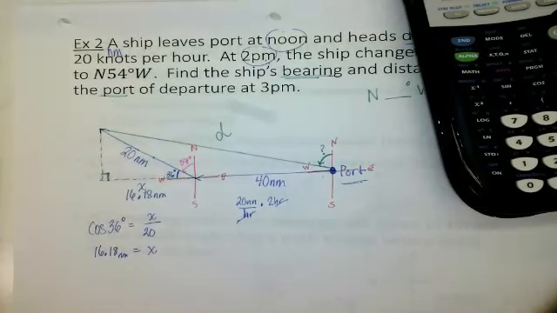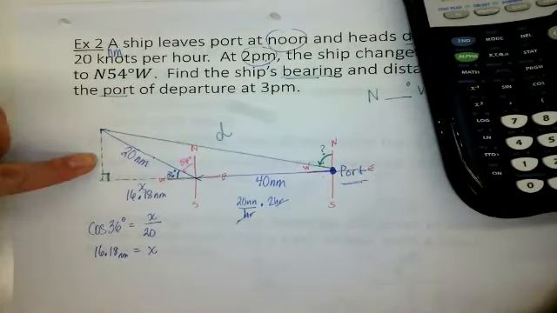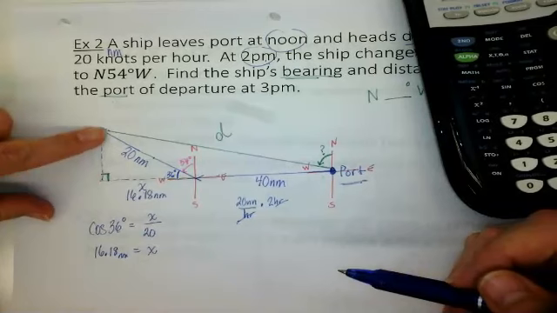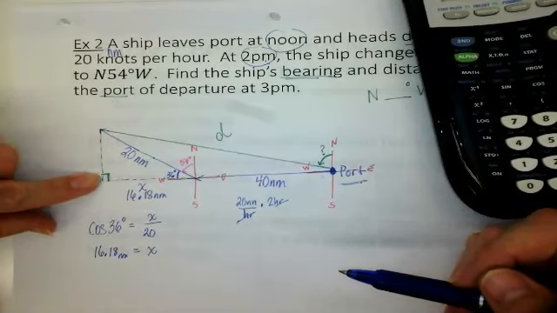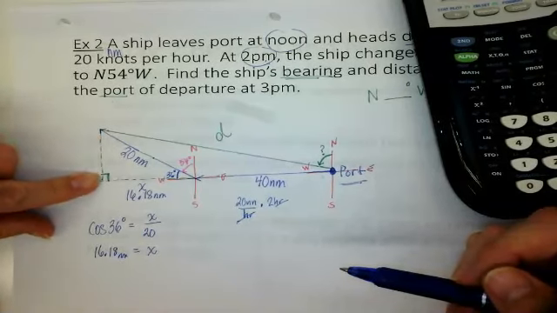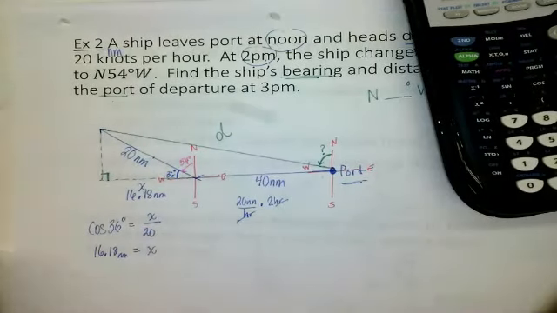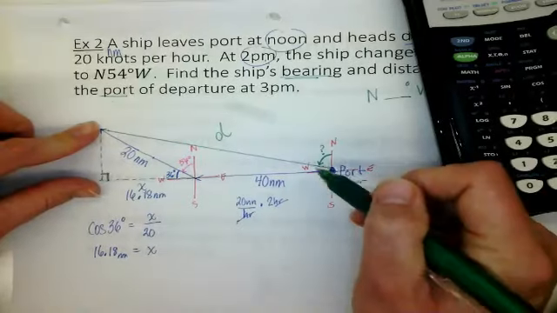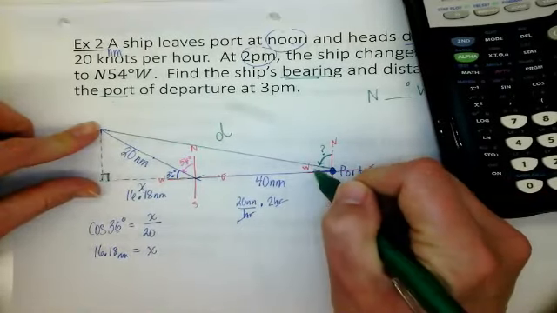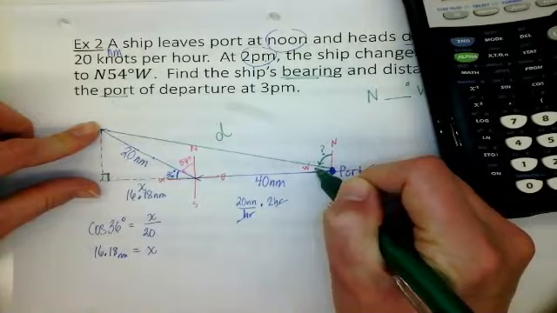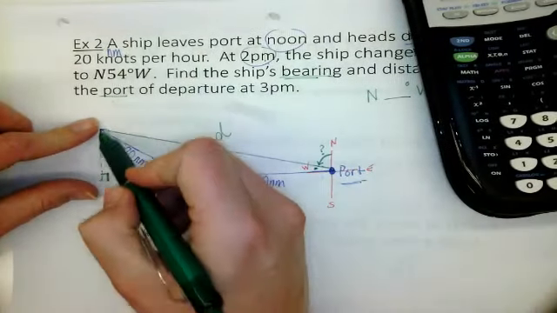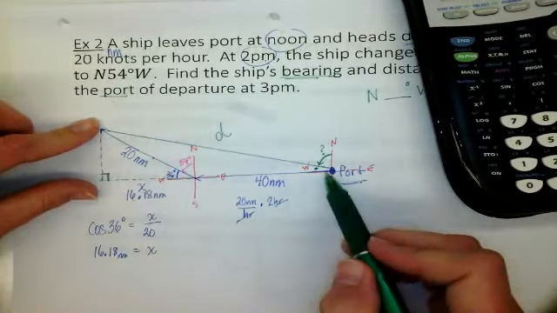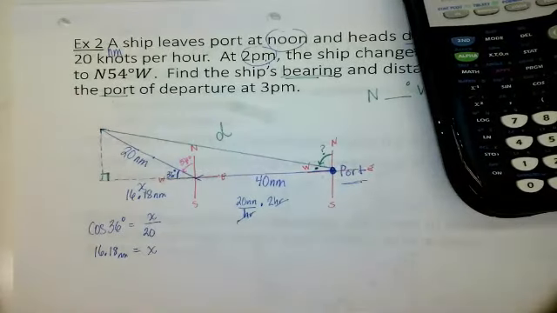Let's see. I think I'm also going to have to find this length here. Because looking at this giant green triangle, I need to know this green angle measure, which I can get if I know this angle. So I need two side lengths. So I need this little side and another side in order to do that.